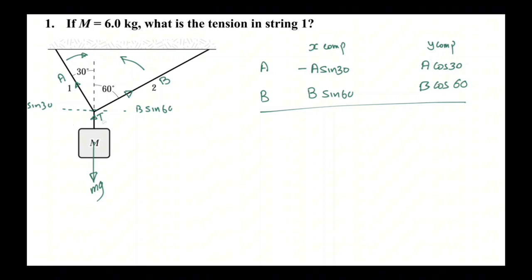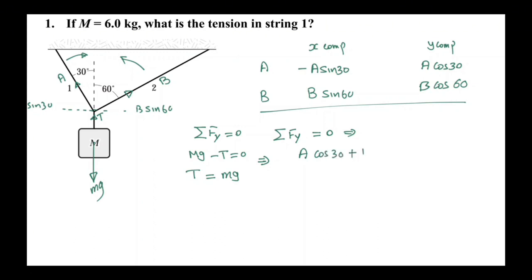Now for this system here, sum of all forces on Y equal to 0, so mg minus tension equal to 0, so tension T is actually equal to mg. Now to find T1 and T2, sum of all forces on Y for the other system is equal to 0, so in this case A cosine 30 plus B cosine 60 is actually equal to tension T, or mg.